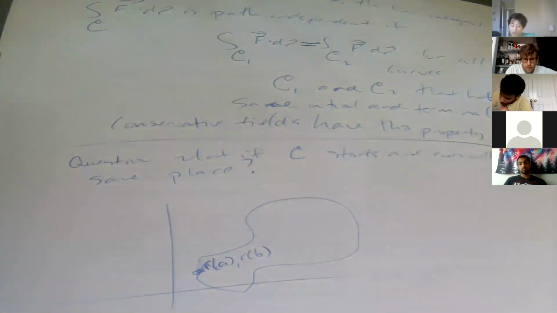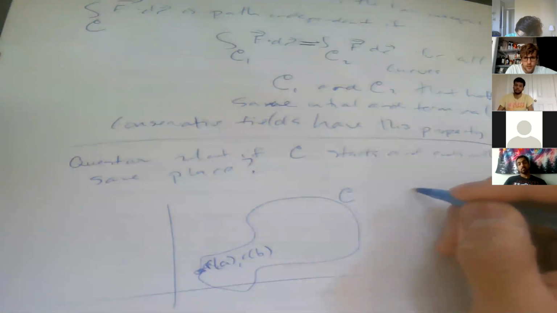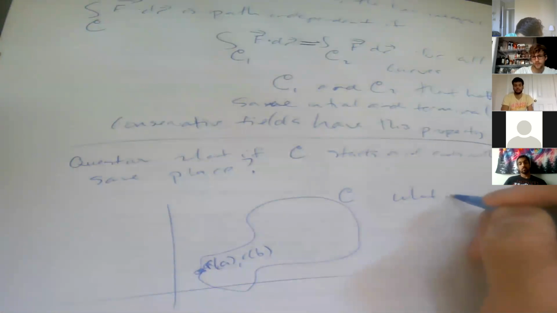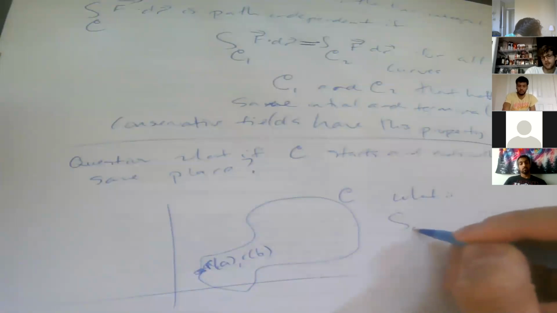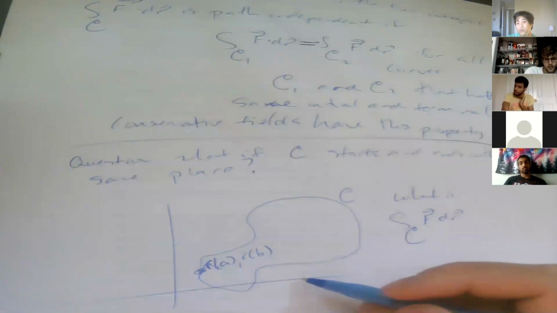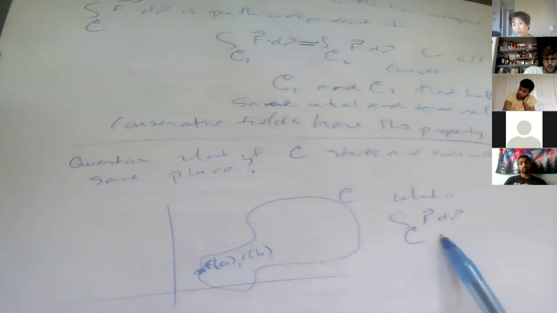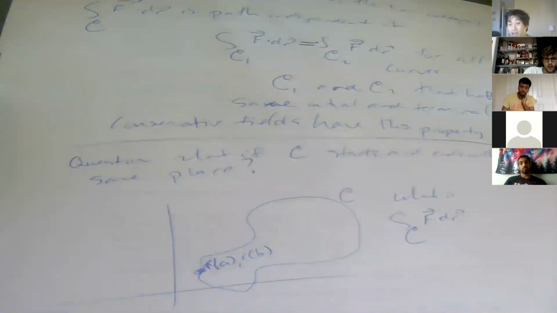Let's say this is C. If this is my curve and I start and end at the same place, what do you think this integral should be? 0. It makes perfect sense to be 0, right? Because I didn't go anywhere.